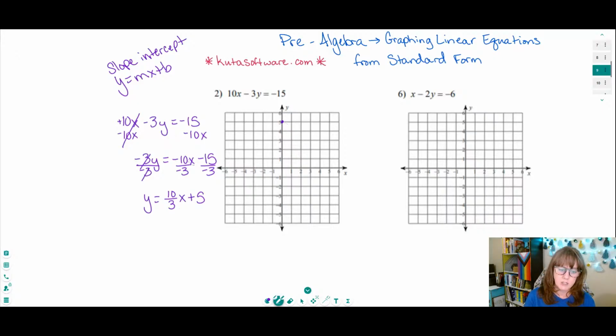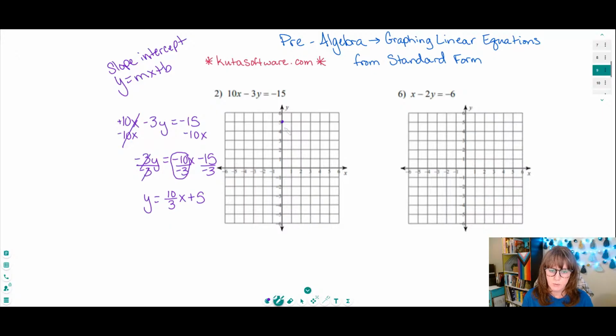So the way that it was written here is kind of perfect, because -10 over -3 is the same thing. So that means I can go down 10 units, down here to -5, and then to the left 3. If you change the direction of one number, you have to change the direction of the other number as well, because we do want this to wind up being a positive slope.